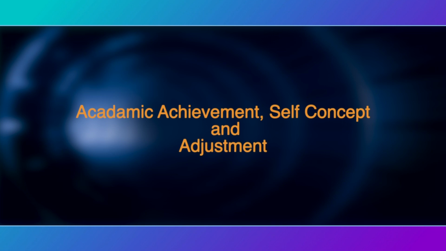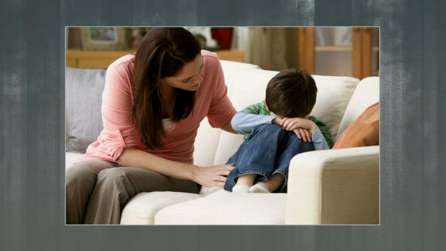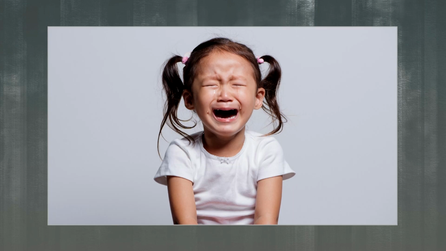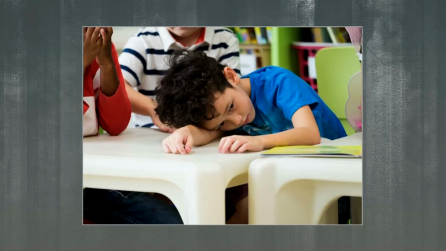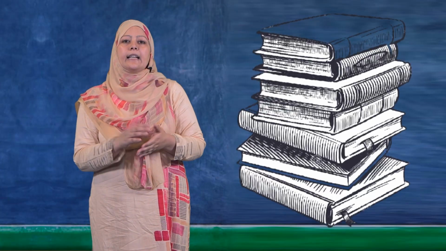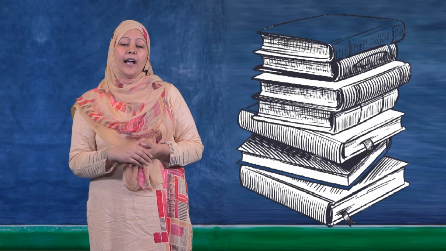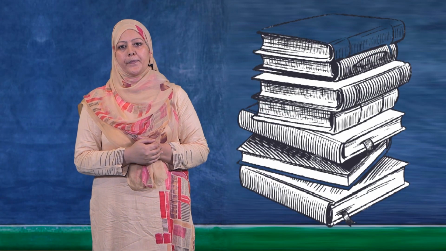Next is the academic achievement, self-concept, and adjustment. Children with learning disabilities may have trouble expressing their feelings, calming themselves down, and reading non-verbal cues from others. This can lead to difficulty in the classroom and with their peers.